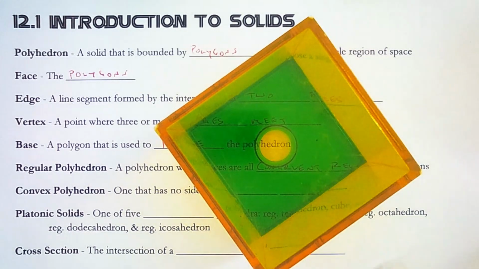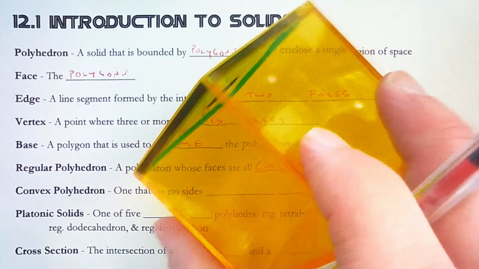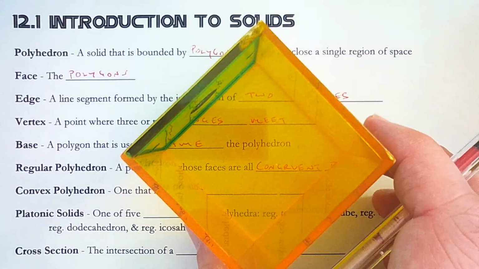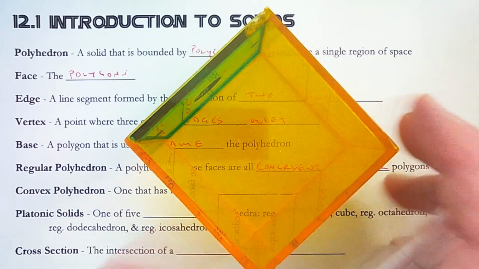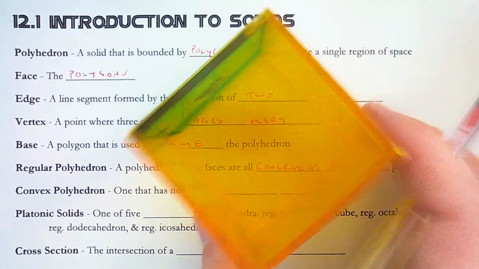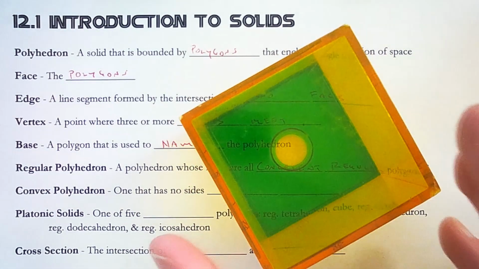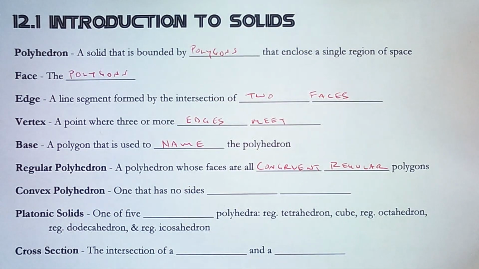Okay, a cube has 6 squares. A square is a regular polygon because all the sides are congruent and all the angles are congruent. And a cube also has all those squares exactly the same size. Okay, so the polygons are regular, and all 6 polygons on here are congruent to each other. So a cube is a regular polyhedron.